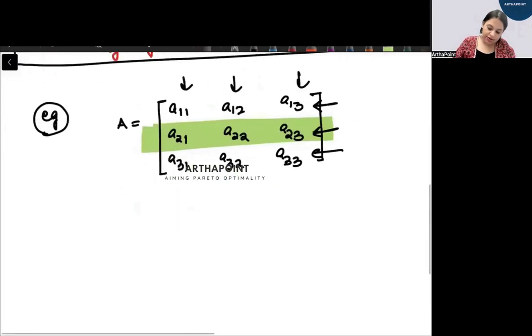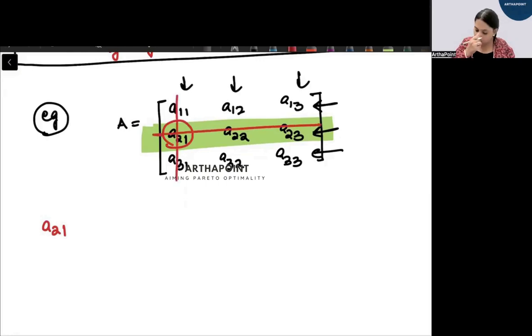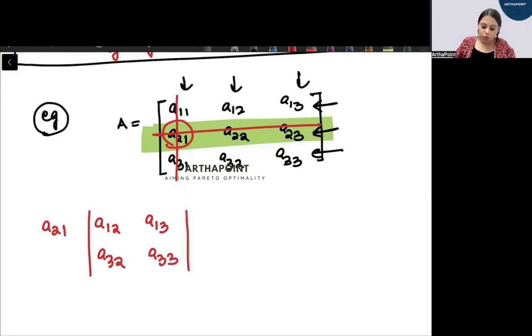So अगर मैं यहाँ पे A21 लिखती हूँ, so I will skip second row and first column. So I will be left up with A12, A13, A32, A33 का determinant. 2 plus 1 is 3, so it means I will have a minus 1 sign with it, right?